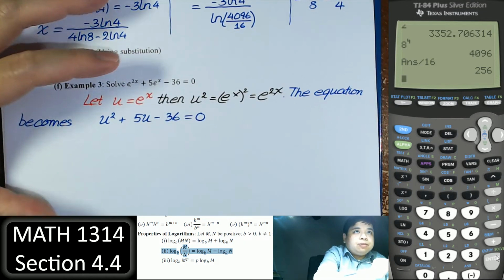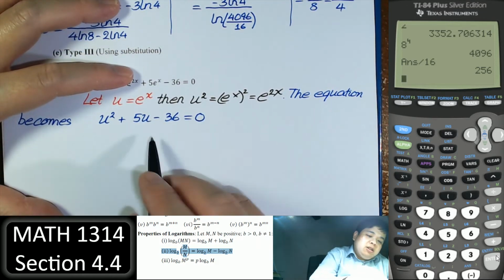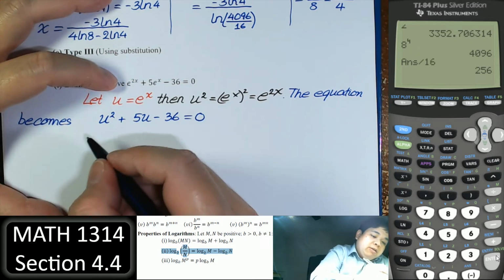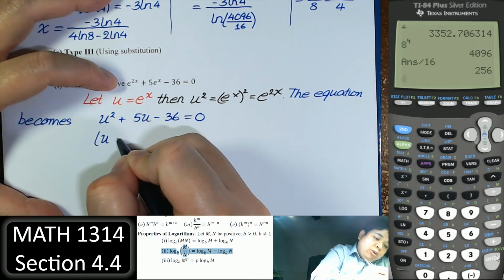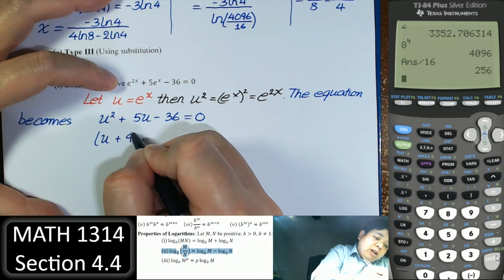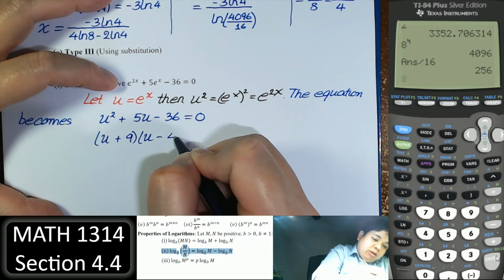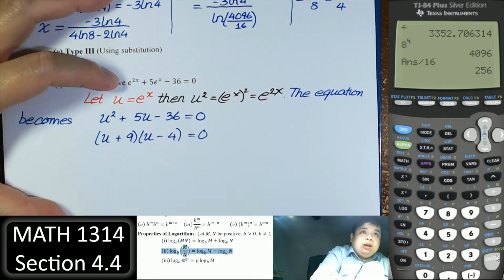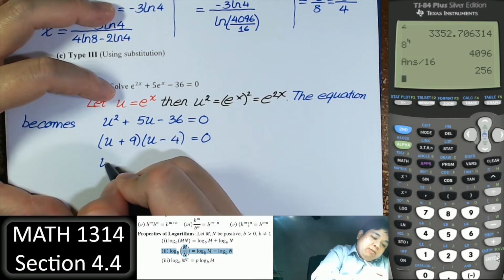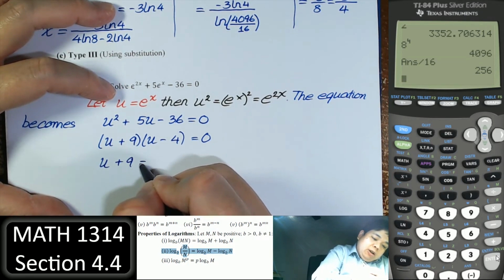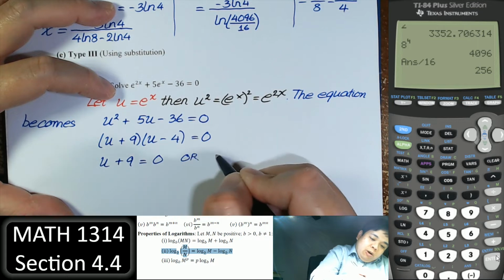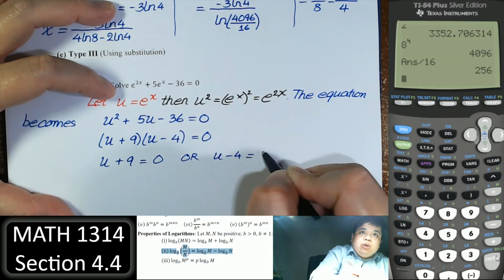Right. So here we can just factor, multiply to negative 36. So that's like we have u plus 9 and then u minus 4. Right. And then we just have u plus 9 equal to 0, or u minus 4 equal to 0.